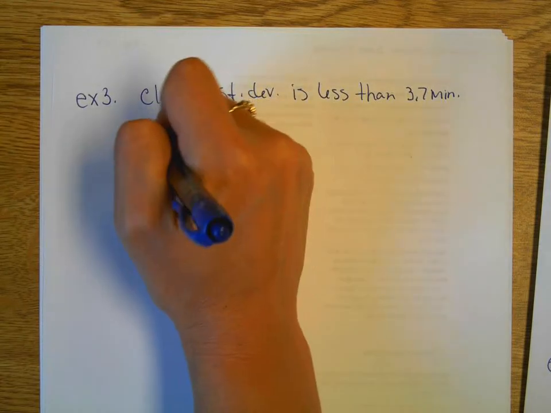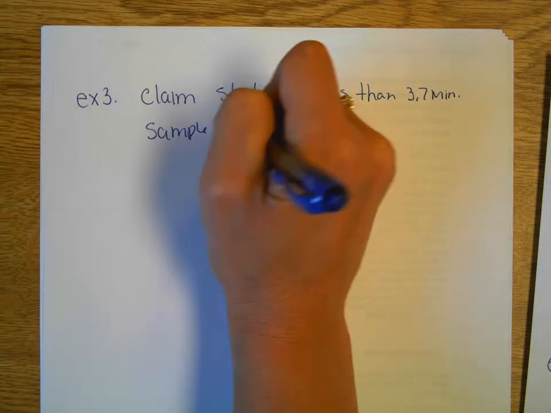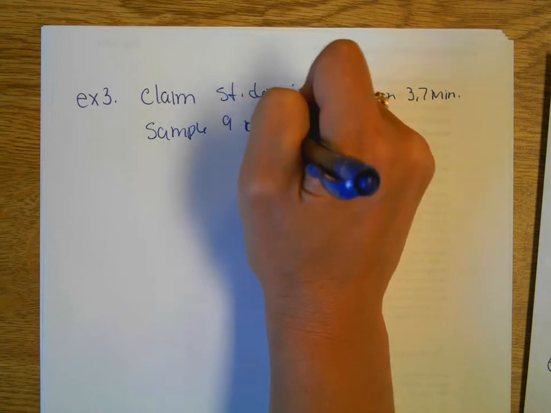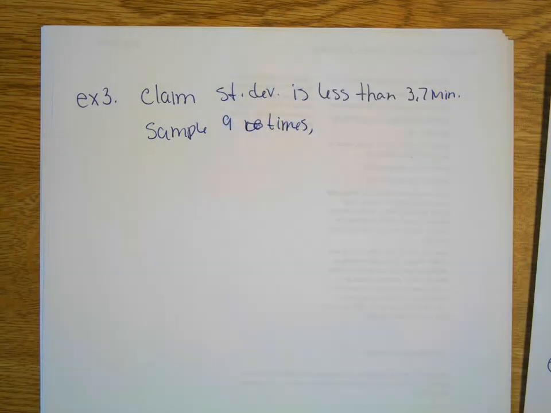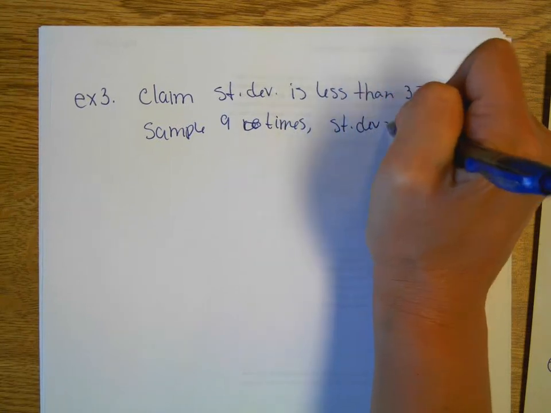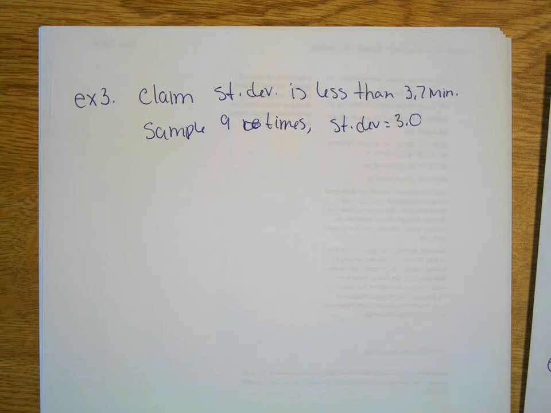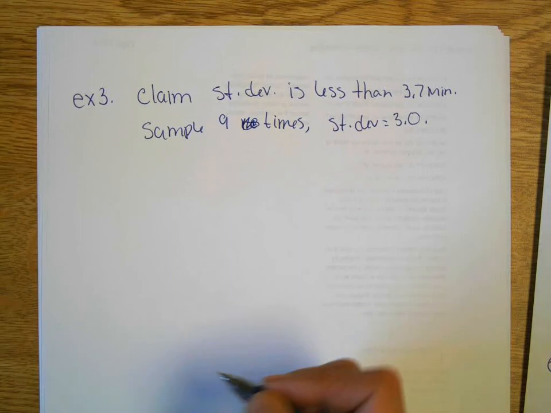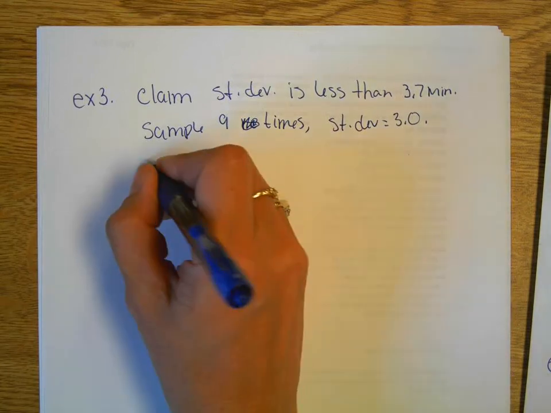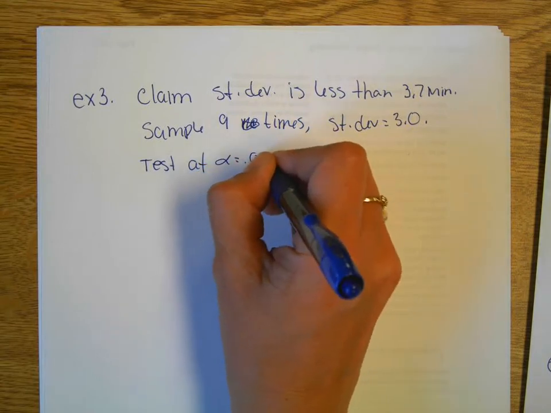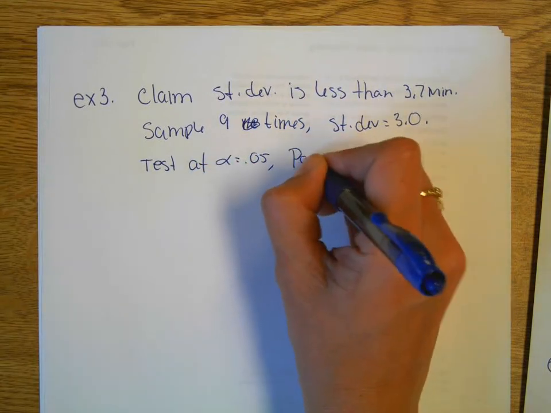Sample 9 response times, and you find that the standard deviation is 3.0. Test at 5%. Population is normal.